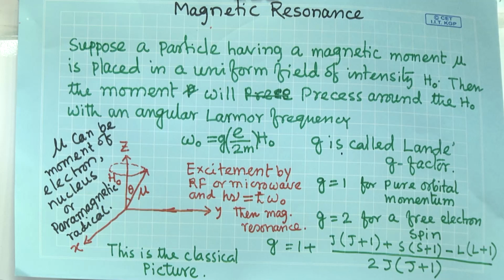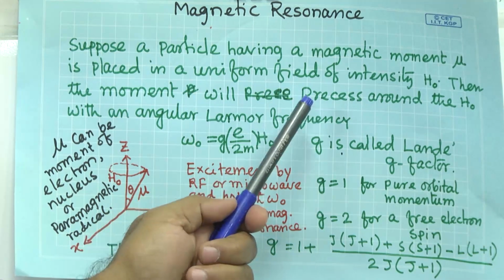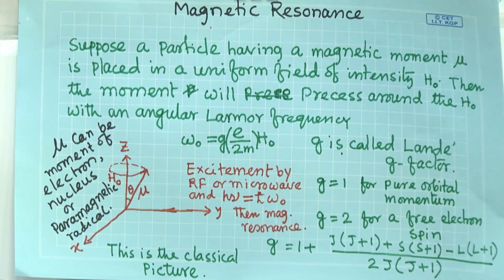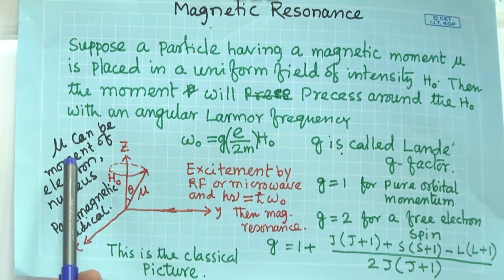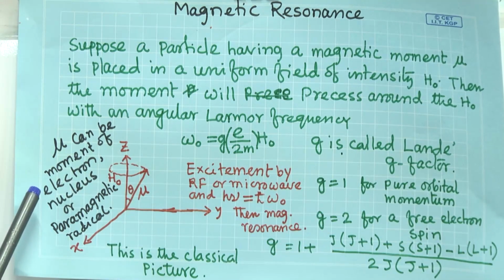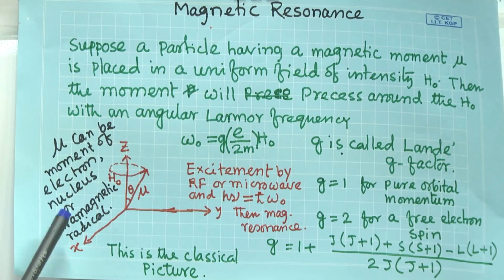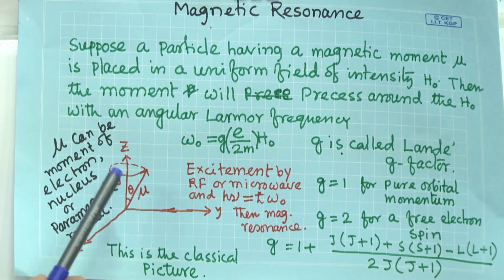So, here is a particle having a magnetic moment mu. This particle can be an electron, it can be a nucleus, or it can be some paramagnetic radical.